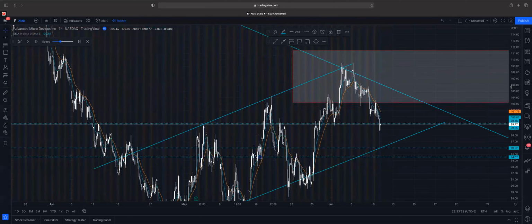So now that we have our levels, we're waiting for the next day for the market to open and see how it plays out, right? But understand that we're paying attention to the closing price and the opening price, because if it breaks below that closing price, we're going to take puts. And if it breaks above the opening price, we're going to take calls, right? Keep it that simple.